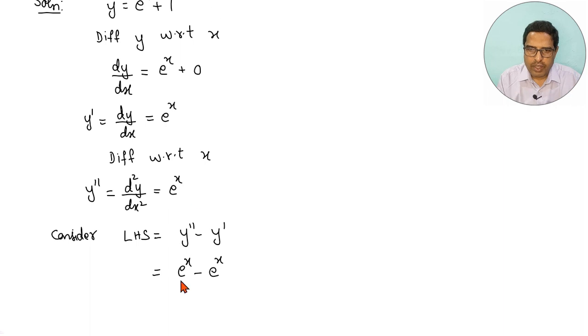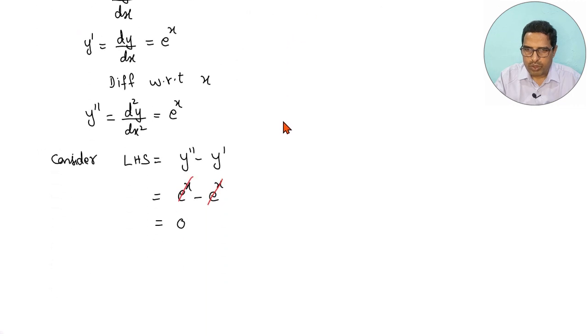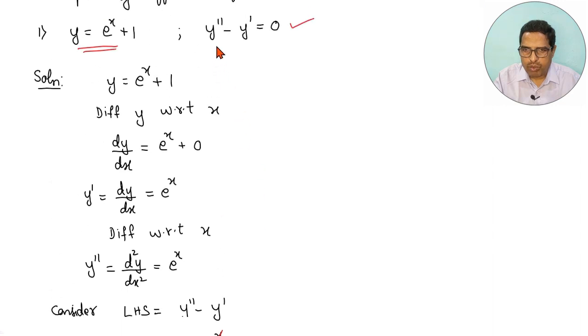So here the positive and negative values will get cancelled and we get 0. So that is what we wanted to prove, y double dash minus y dash equals 0. So we have got the RHS. Hence we have verified the differential equation y double dash minus y dash equals 0.